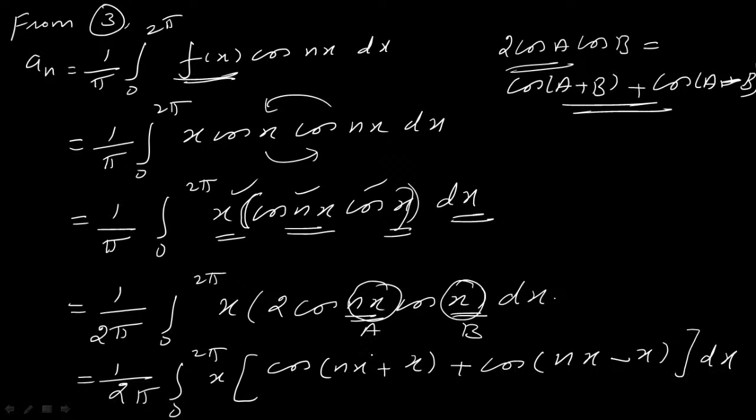In the next term, let me take x as a common term and take it outside from both cosines. This is for a simple calculation for the values of a n. This simplified our calculation. That's why.